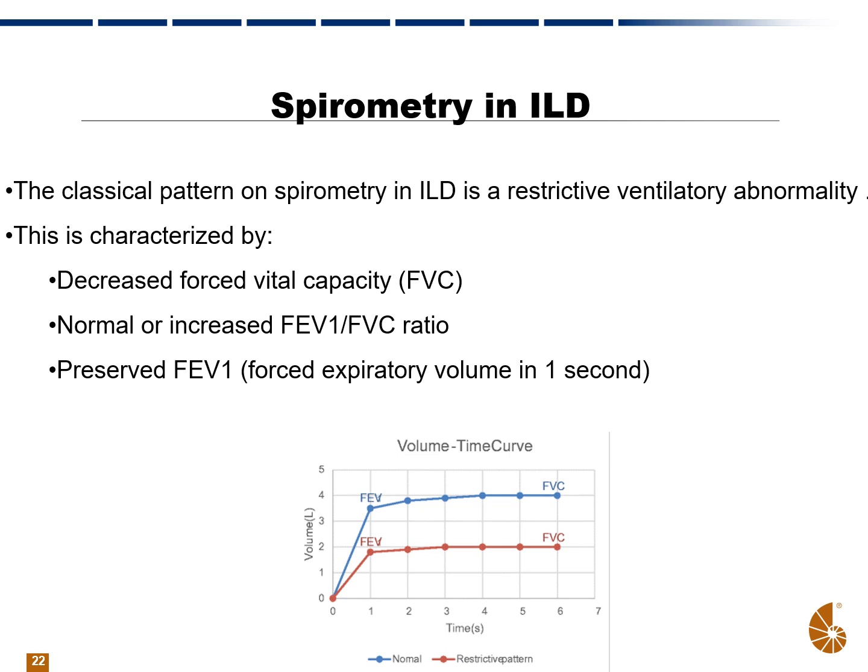The air gets out very quickly in the first second. It also gets out very quickly in the red line, but as you'll notice, the total volume that's able to be blown out by the lungs is much reduced. That's what we call restrictive lung disease. There's no obstruction to the air getting out. There's just less air that's available to get out due to this restrictive ventilatory abnormality.